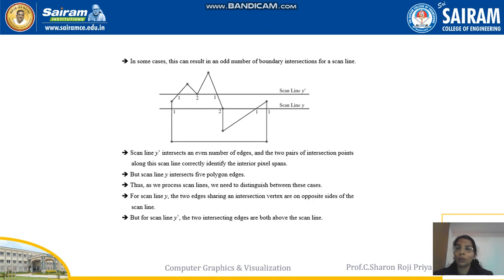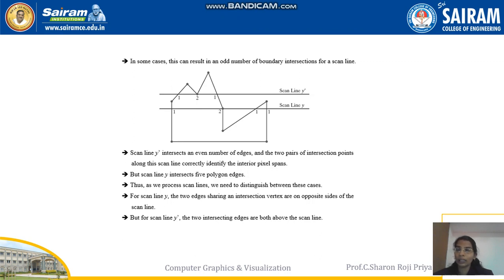The first rule is, see, this is the vertex, and this vertex is common for this edge and this edge. You can travel these edges in any direction, either clockwise or anti-clockwise, but the condition is that the y value should either keep on increasing or keep on decreasing.